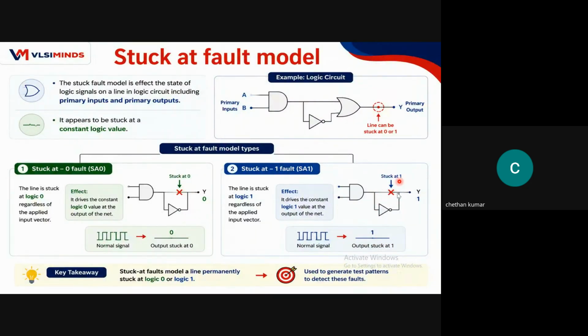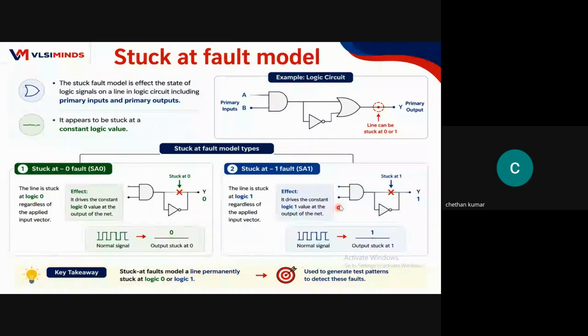To detect this, what opposite value should I apply to make sure I get a 0 here? The combinations 0 0, 0 1 and 1 0 can detect the fault across this. All these three combinations can detect it. Whereas if it is stuck at 0, only 1 1 should I apply, and then only can I detect it.